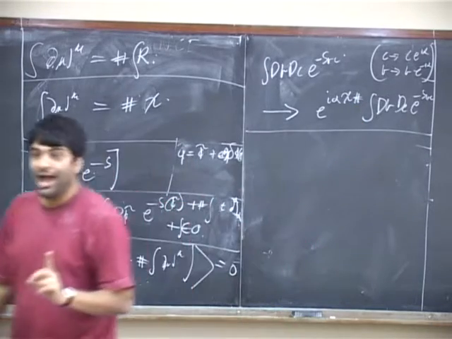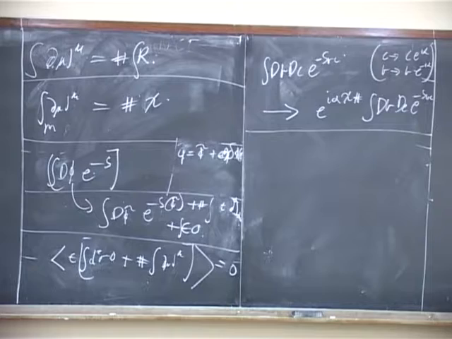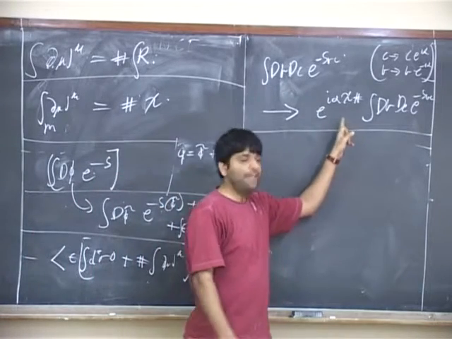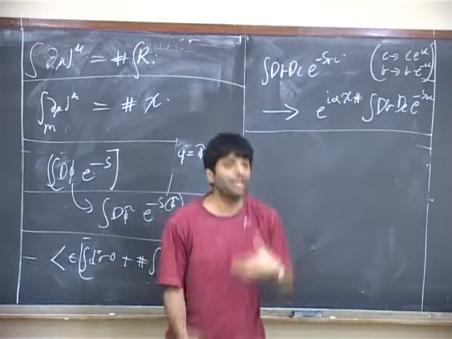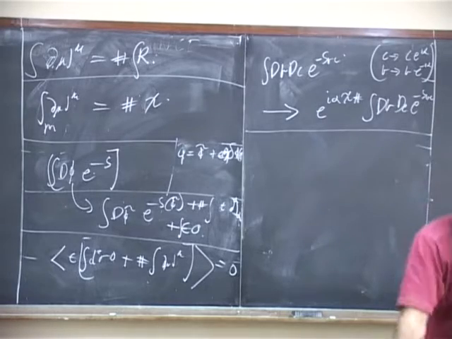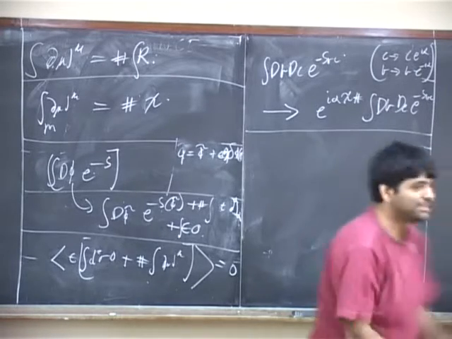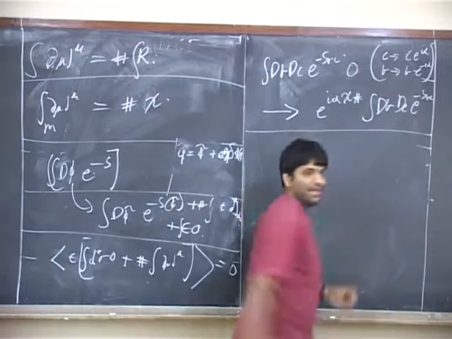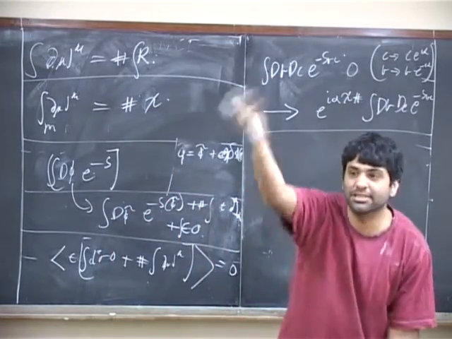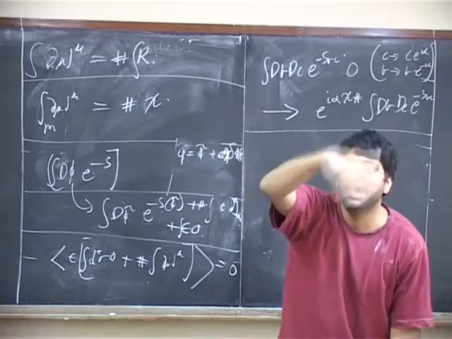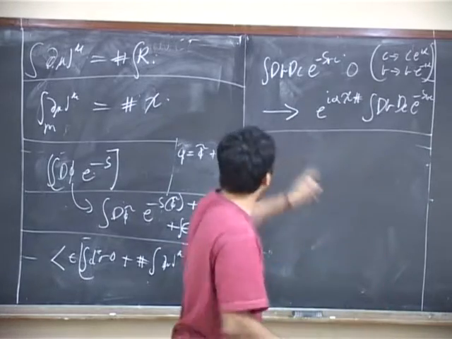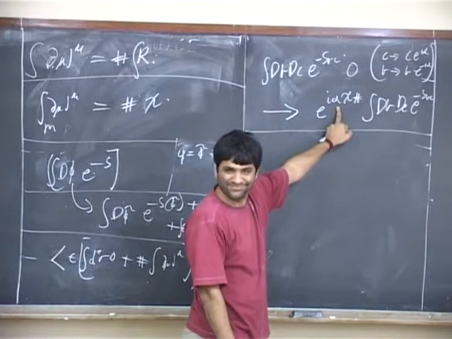Okay? How can we get around this conundrum? This argument also tells us that the only path integrals of this form that are non-zero are those with insertions of C and B. You must have an operator inserted here such that its charge, under C goes to C times e to the power i alpha, and B goes to B times e to the power minus i alpha, cancels this variation.